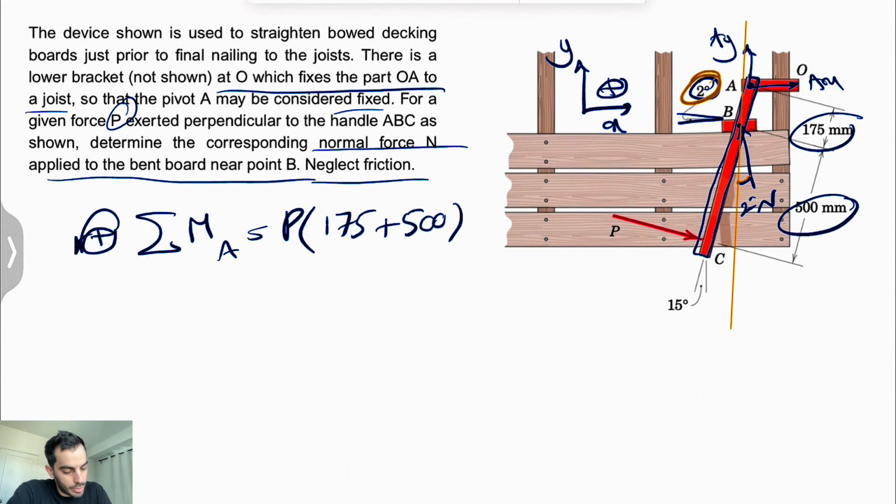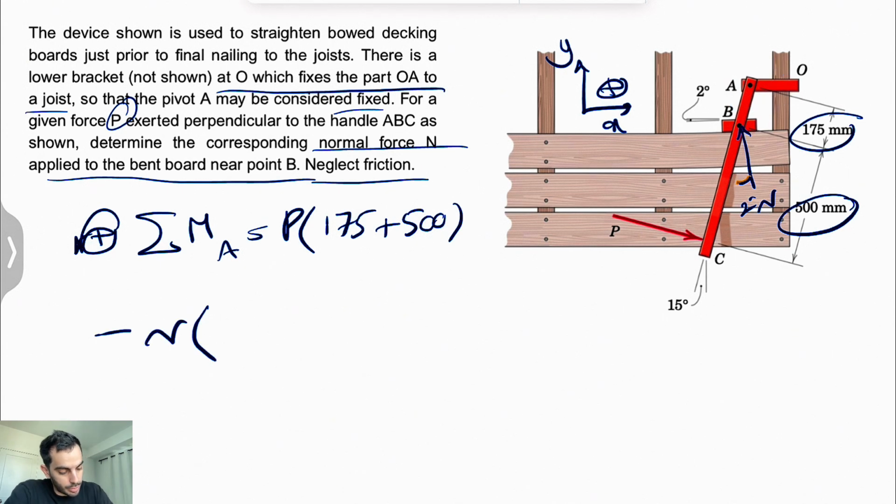And we have the moment of the normal force. First, I'm going to clean up the figure so we can see better. This normal force about A is in this direction, so it's a clockwise moment, so negative N.